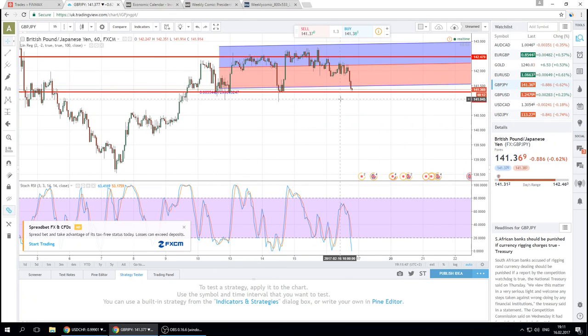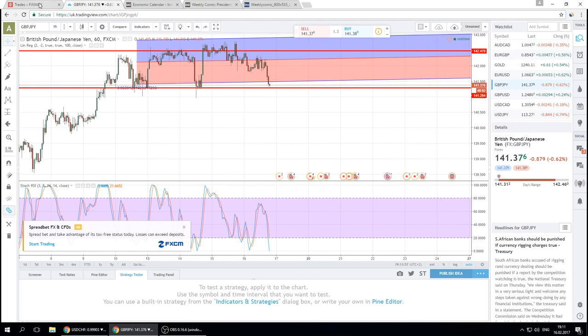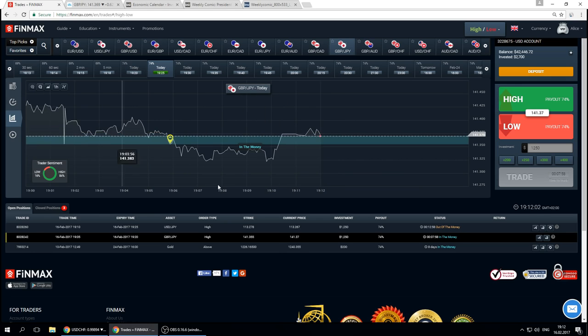The price pretty rarely breaks through the line of resistance or the line of support. Usually they are testing.